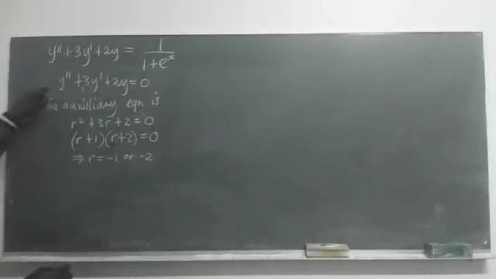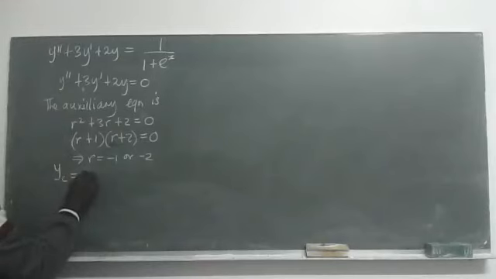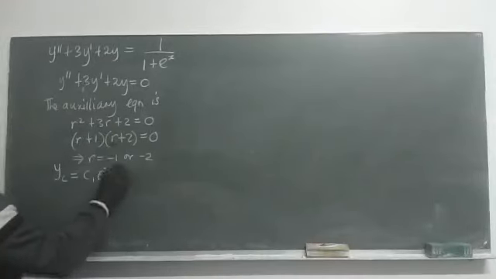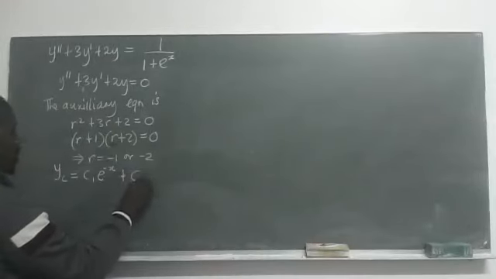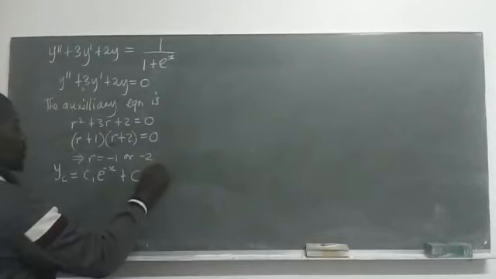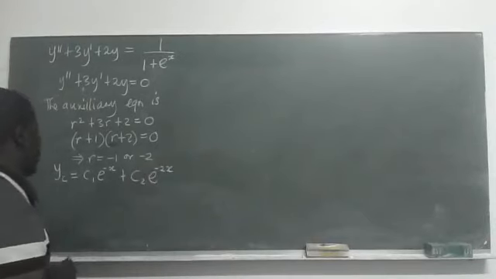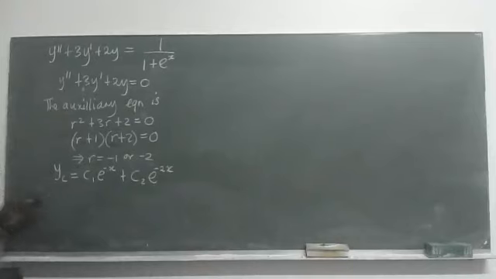Now we can write the complementary solution for this homogeneous ODE as C1 e^(-x) plus C2 e^(-2x). Having found the complementary solution, we can now tell the nature of a particular solution of this problem.